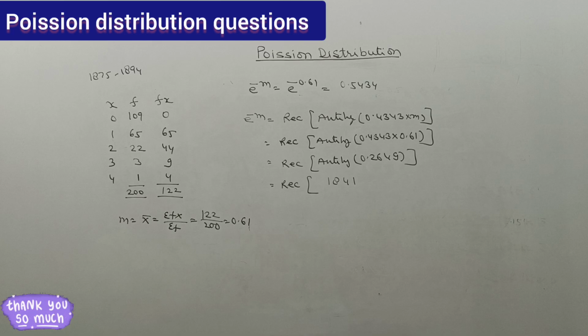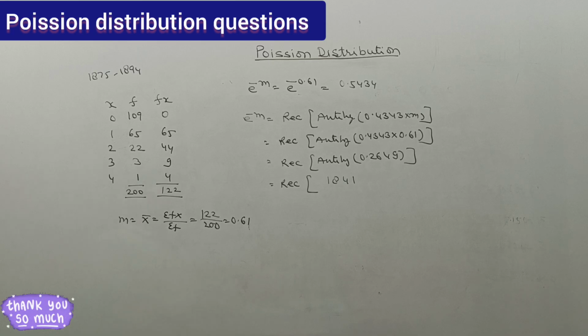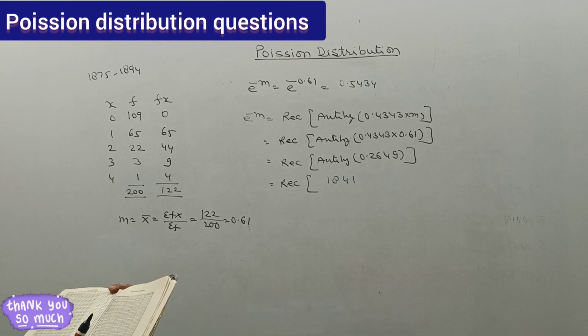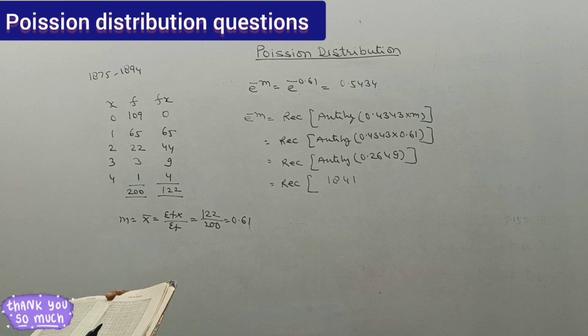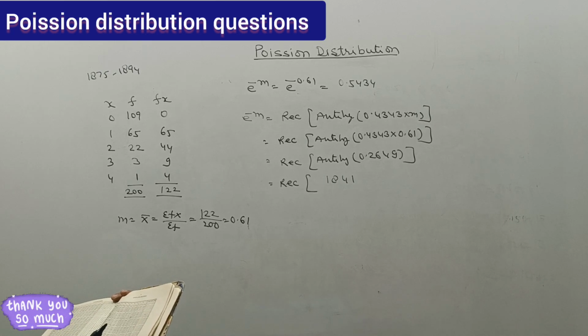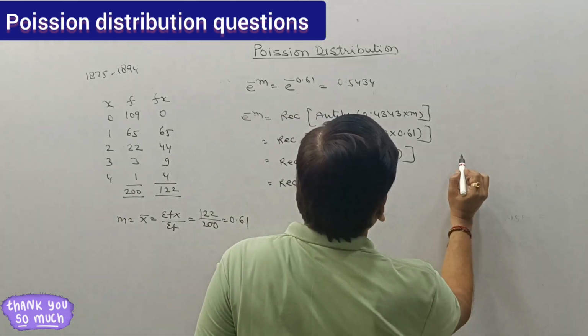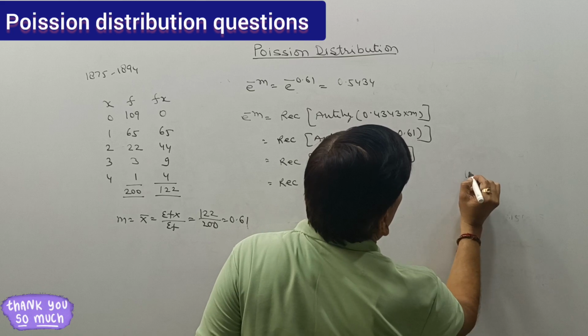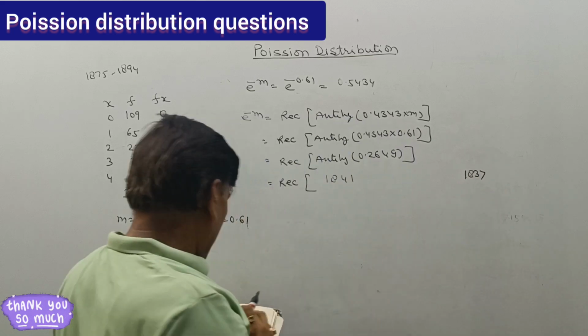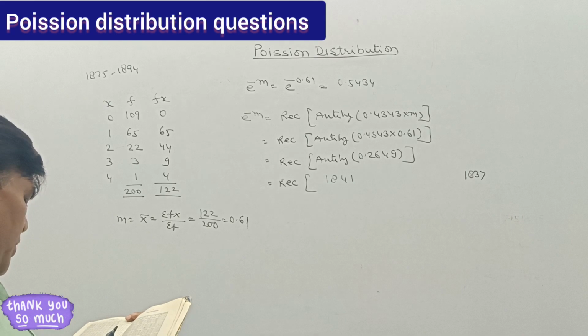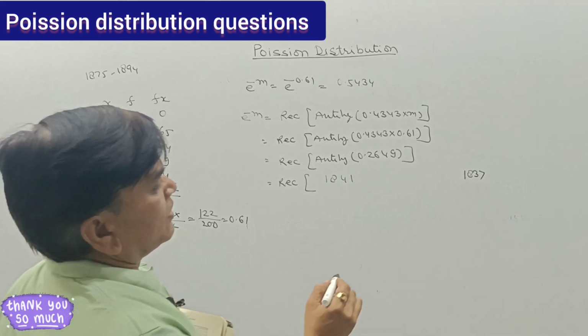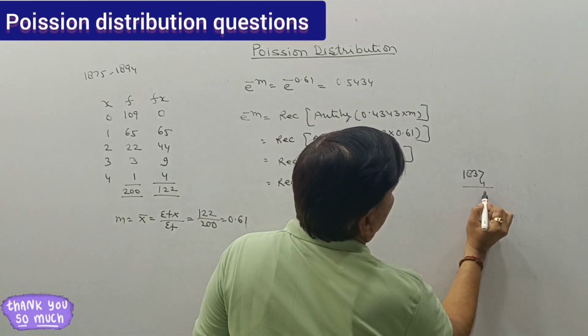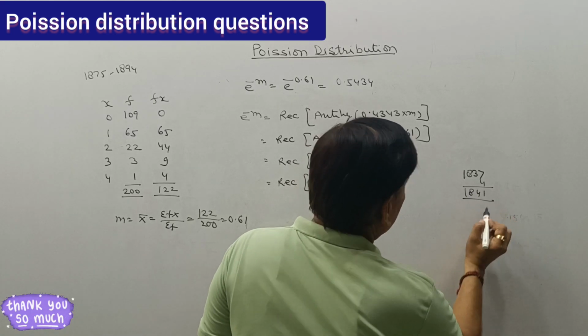For the antilog table, firstly we take the antilog table, then we see 0.26, the difference is 4, so that is 1837, and adding the difference for 9, we get 1841.